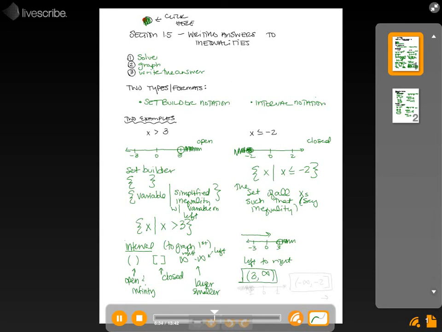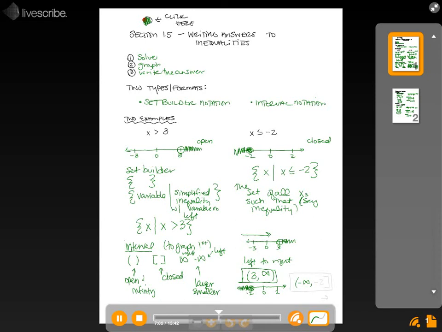The second example, we had our graph, 0, 2, and negative 2. Negative 2 was closed, and we shaded everything to the left. Again, we go from left to right, and if we start on the left, everything's already shaded. So we've already got numbers that are included in our set. That means we're going to start with negative infinity, because the left-hand side of the graph is already shaded.